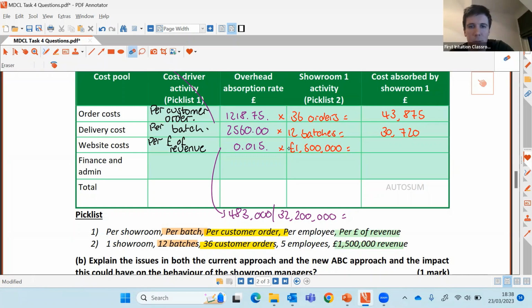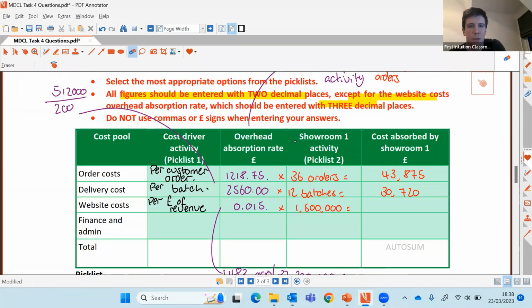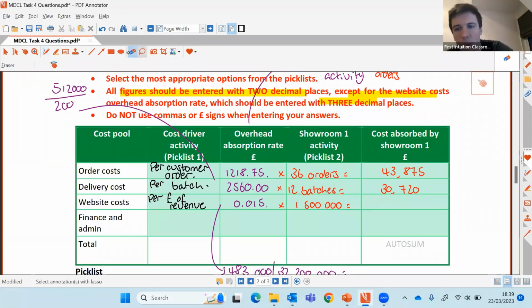I have been told, slap on the wrist, don't use commas or signs. So let me follow the instructions. And so 0.015 times 1,500,000 is 22,500.